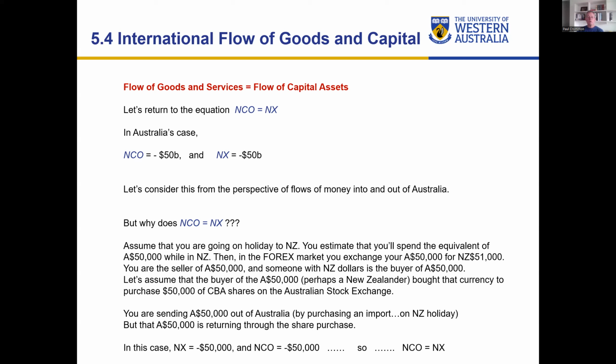Now, it is a little bit more complicated than that. And in the next video, I will motivate this equation in a more dynamic sense. I'll give you examples where we look at how through time, one of the sides of this equation changes and it then generates a response in the economy to restore that equation to equilibrium.